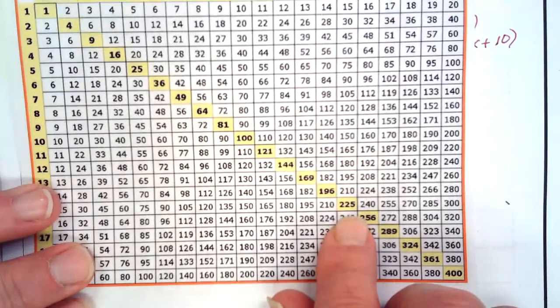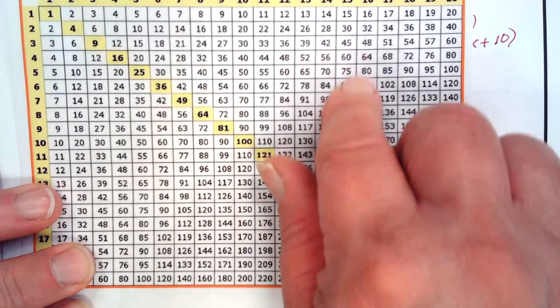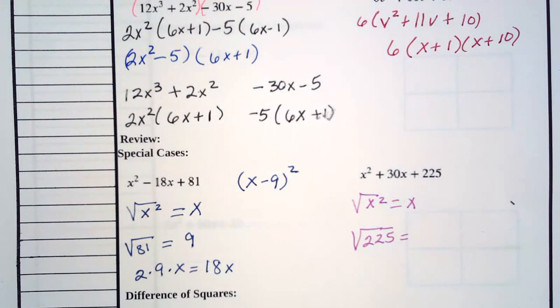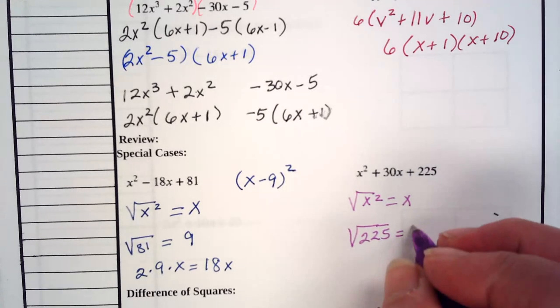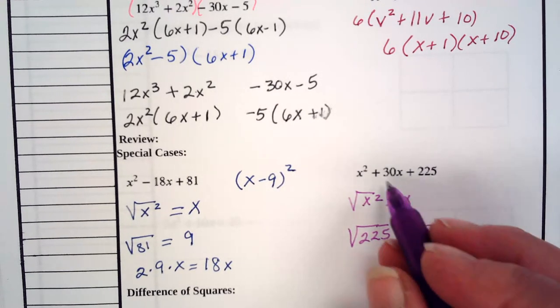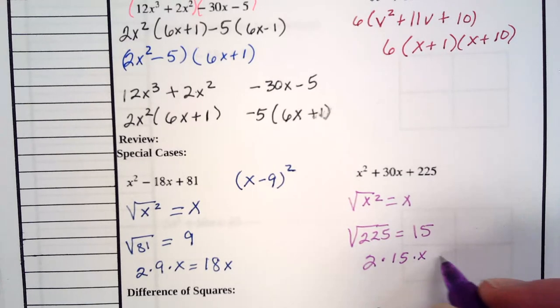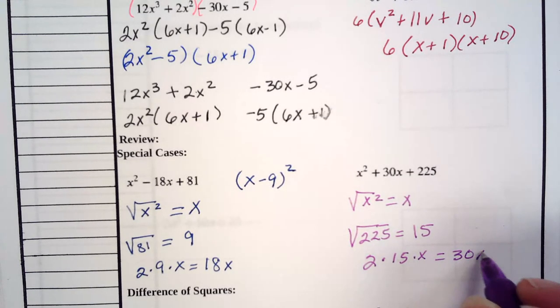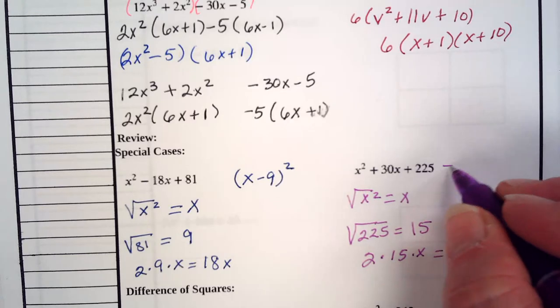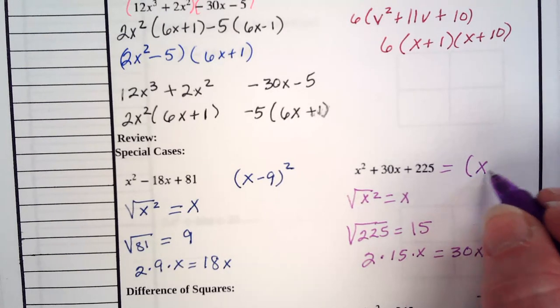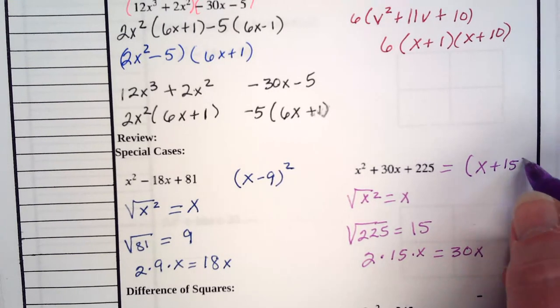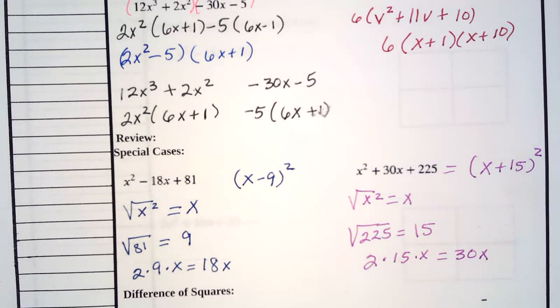And if I go straight up, I see it is 15 times 15. So yes, 225 is a perfect square. Is the middle number 2 times 15 times x? Is that 30x? Yes. Then I know this is equal to x plus 15 quantity squared.